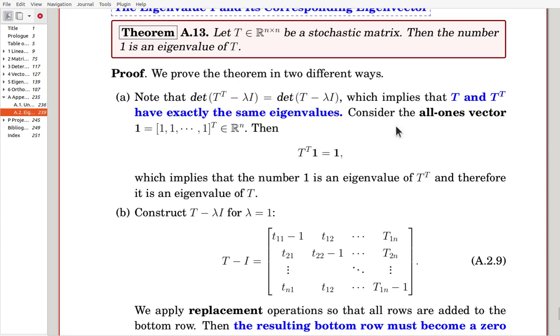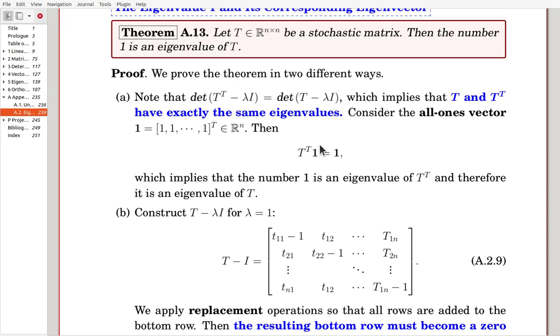Now we consider the all ones vector. Here is a vector in Rn having 1 everywhere. Now we multiply T transpose and the all ones vector.